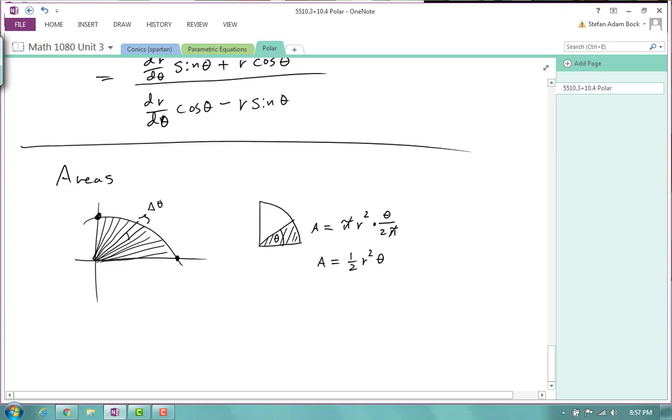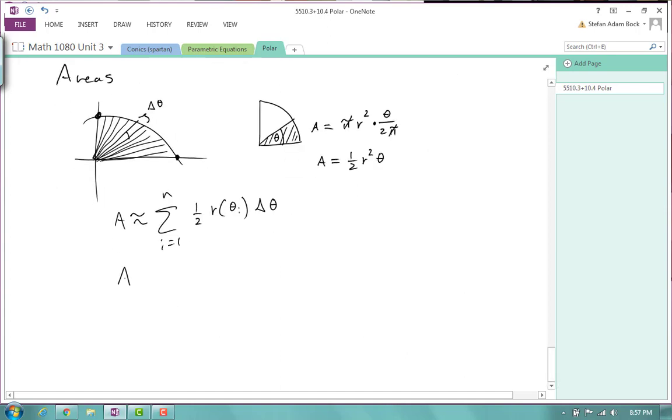So you kind of see where I'm going with this. The area is approximately equal to the sum from i equals 1 up to n of 1/2 times r of theta sub i, squared, multiplied by delta theta.